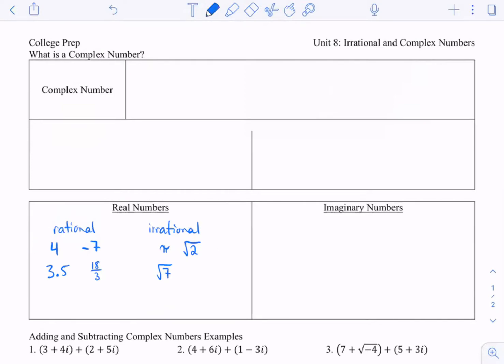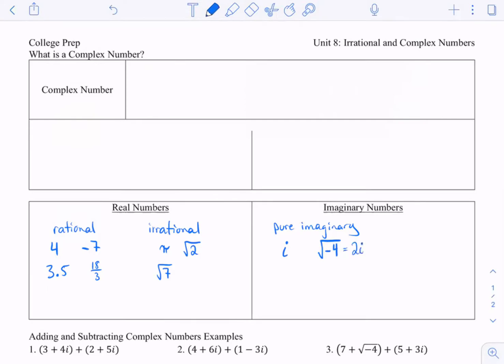Now, imaginary numbers, you have pure imaginary. A pure imaginary number means you have i, or you have the square root of -4, which equals 2i, right?